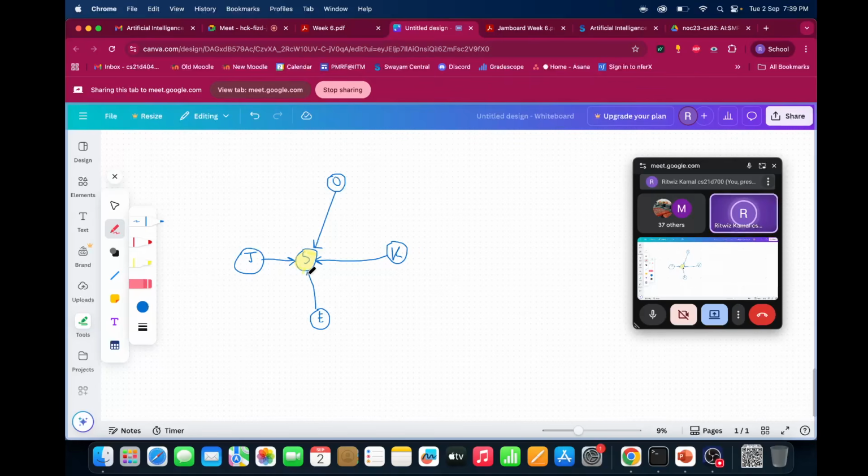Please don't confuse these edges with the direction in which you are moving. These are just indicators that the parent of this particular node is S. So parent of E is S, parent of K is S, and so on and so forth. Now we will follow the A star method to find out which node will be inspected next.